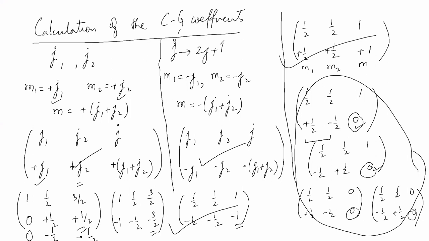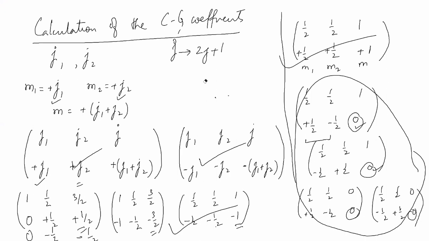Therefore, in general, there will be 2j plus 1 values, and that is why when, for example, I consider j equal to 2, the values are +2, +1, 0, -1 and -2. 5 possible values for j equal to 2.